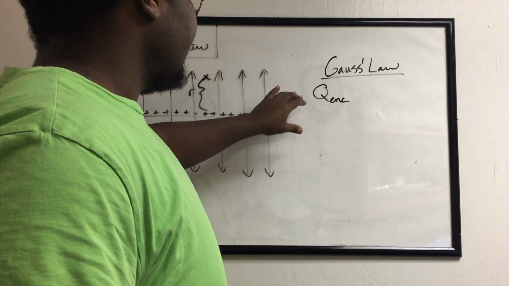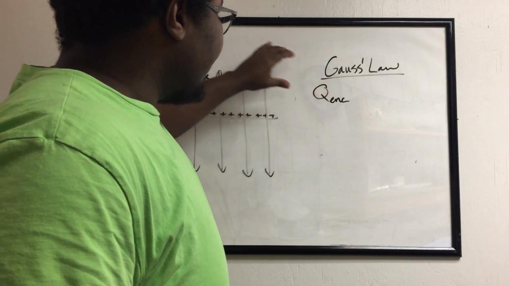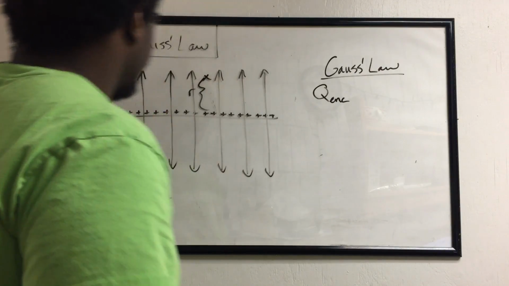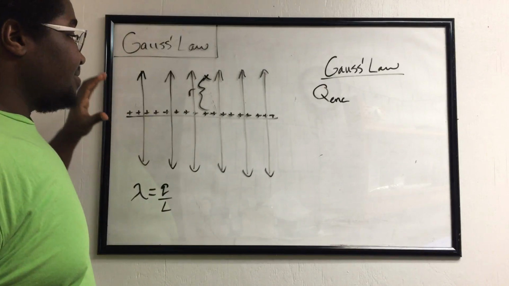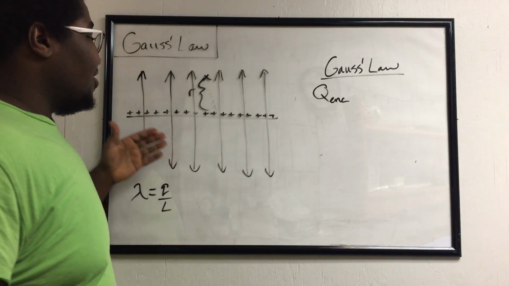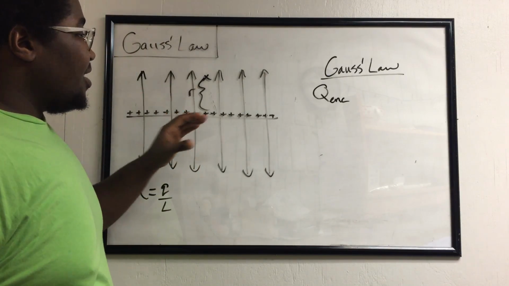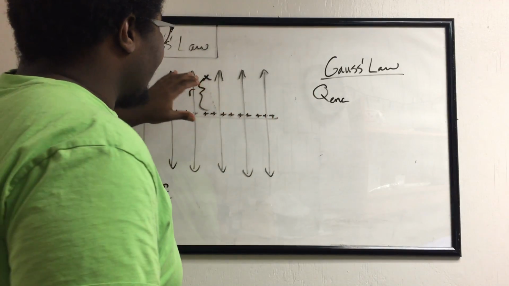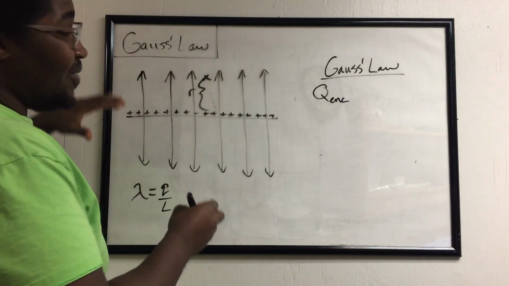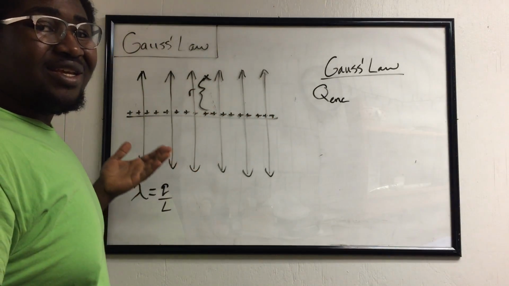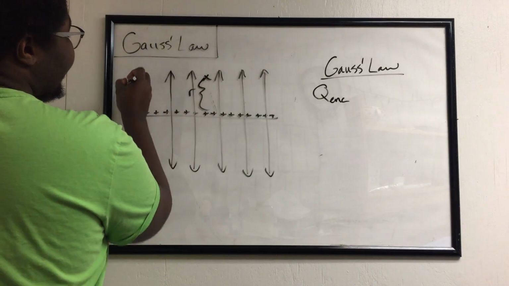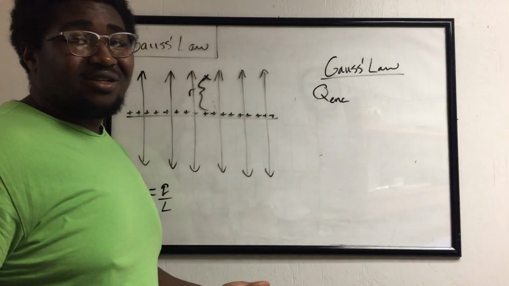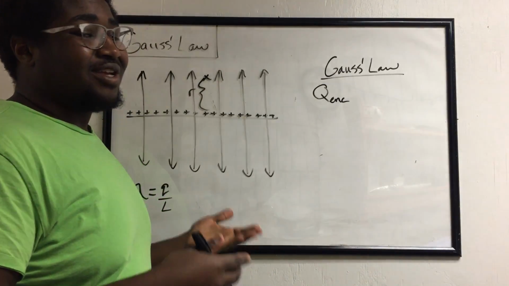This is the charge inside of this shell. So there are different methods you can use to solve for this charge. When we talk about Q, it's inside of what we call a Gaussian surface. For this Gaussian surface, we're going to be using a cylinder. So this is the cylindrical method for Gauss's law.